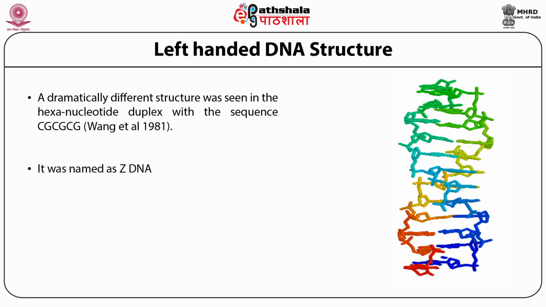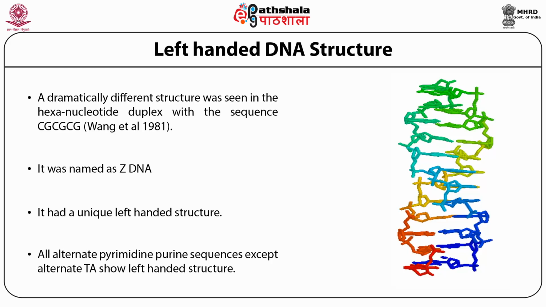This was named as Z-DNA. It had a unique left-handed structure. All alternate pyrimidine-purine sequences except alternate TA showed this typical unique left-handed structure.